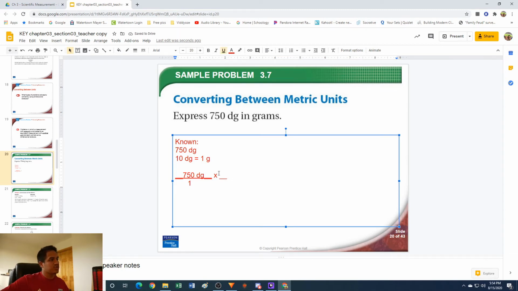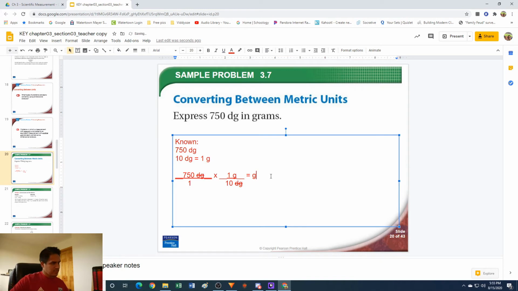And since we're starting with decigrams, we want to have the 10 decigrams on the bottom. So it's going to have 1 gram on the top and 10 decigrams on the bottom. Okay, so it's going to look like this. So decigrams here will cancel out with decigrams here.